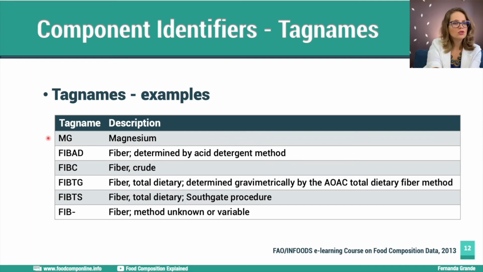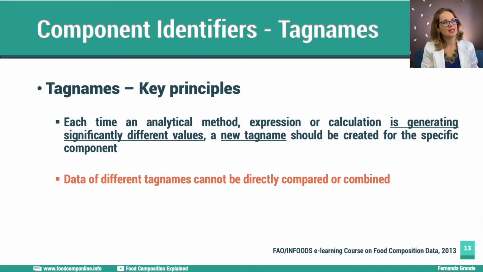But when we go to dietary fiber, for example, we can see that many different tag names exist, meaning there are significant differences that affect the values presented in the food composition tables, and they cannot be combined directly. These are the key principles that guide the elaboration of the tag names.